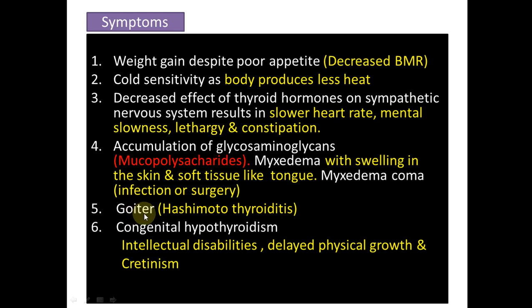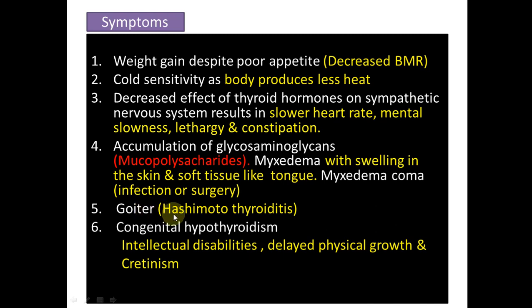Goiter is the name of structurally enlarged thyroid. And in many thyroid problems, the thyroid gland enlarges and forms a goiter. For example, in multinodular goiter, goiter associated with iodine deficiency, and in Hashimoto thyroiditis, which is an autoimmune condition in which the thyroid tissue is destroyed, it may also initially present in the form of a goiter.